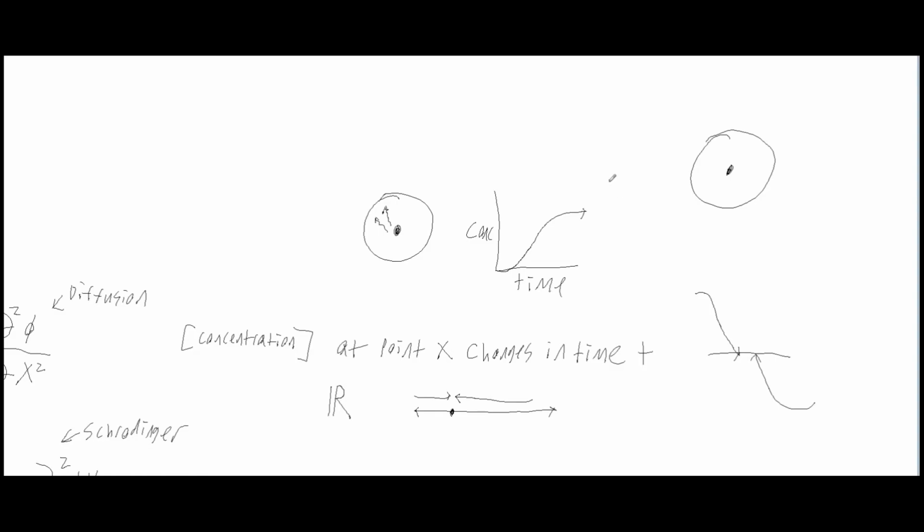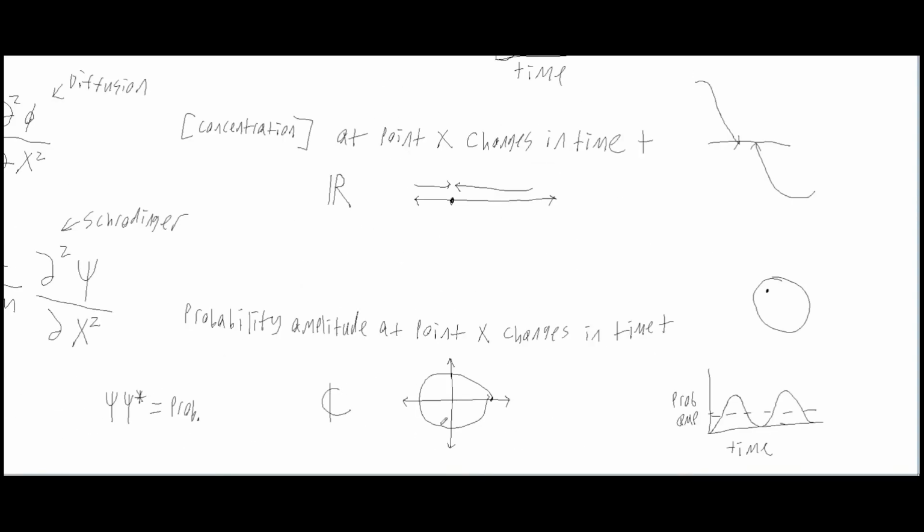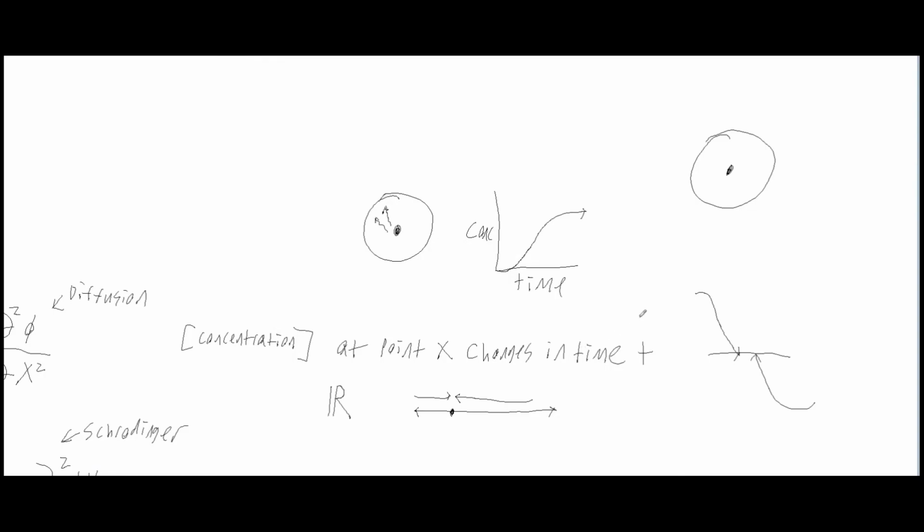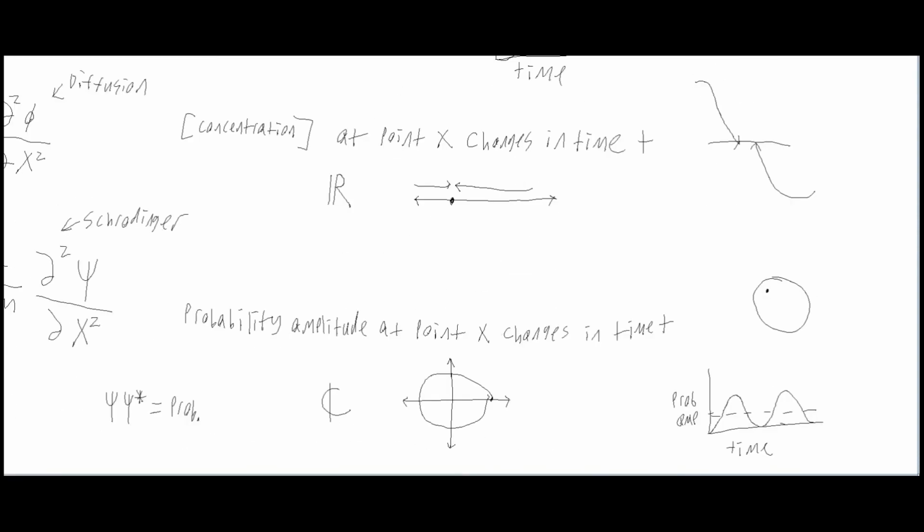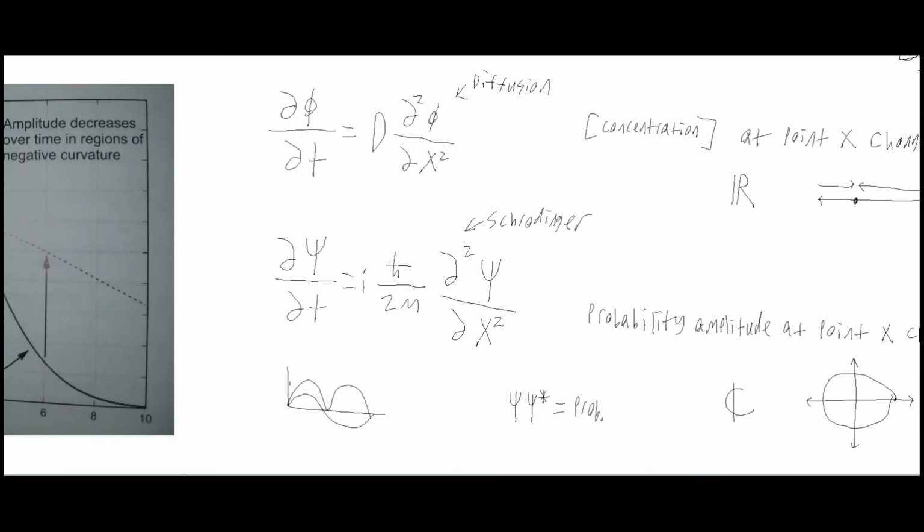But if we add that i factor on it so that it becomes a complex number, you could imagine that we start with it right here and then it diffuses out until, strangely enough, as I said, we get this negative probability amplitude.